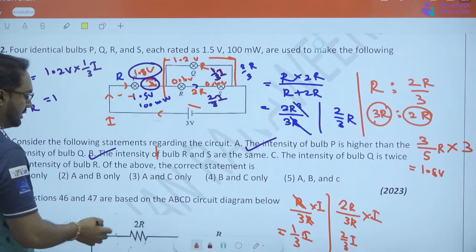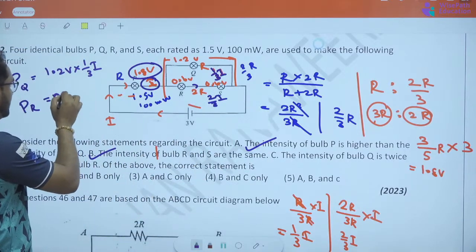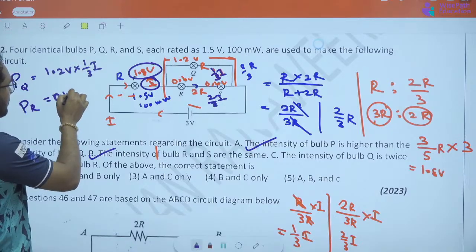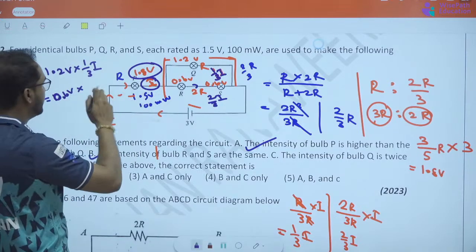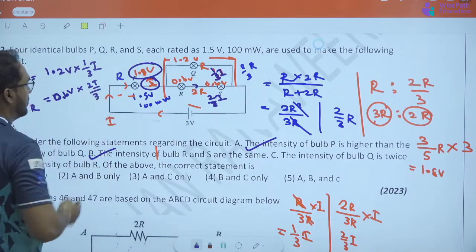So it's 0.6 volts, and the current moving through it is 2I over 3.